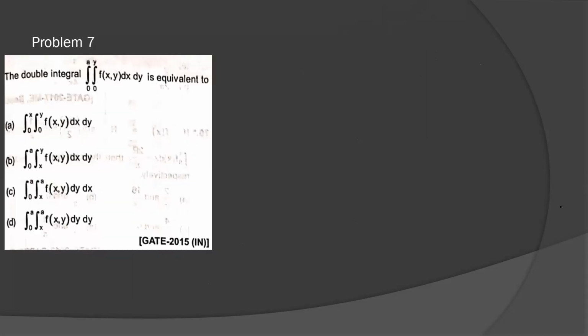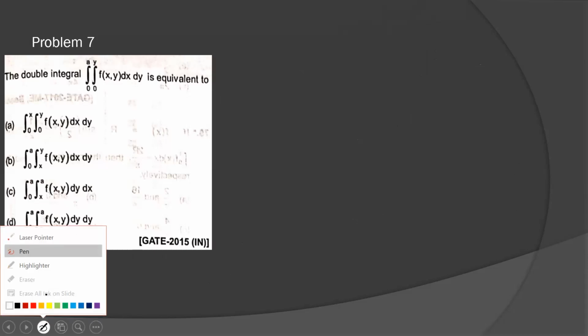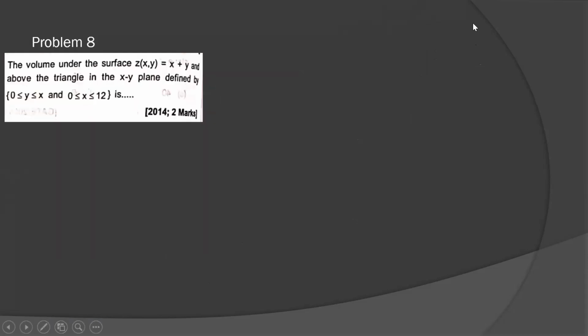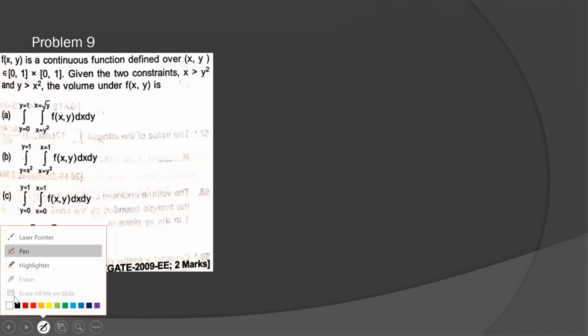The next problem is the double integration, where we have to change the order of integration here. See what is the reason. I'm going to draw. X and y, two limits are given to you.